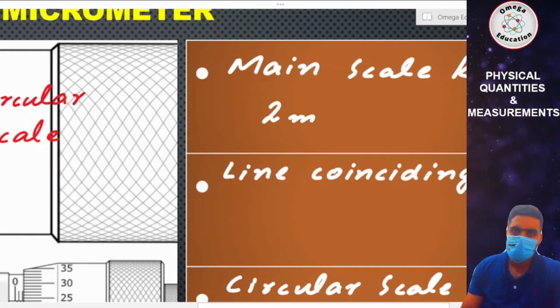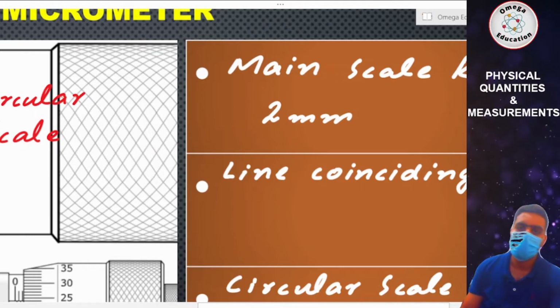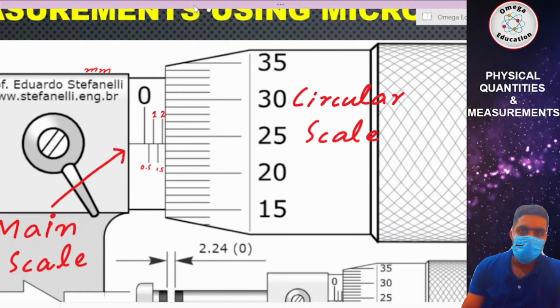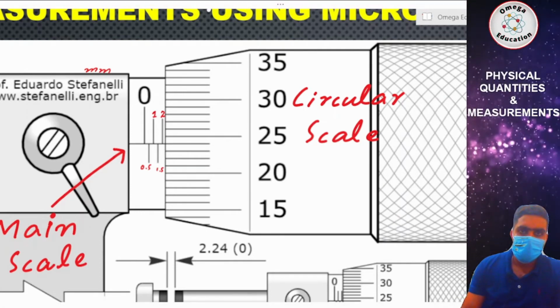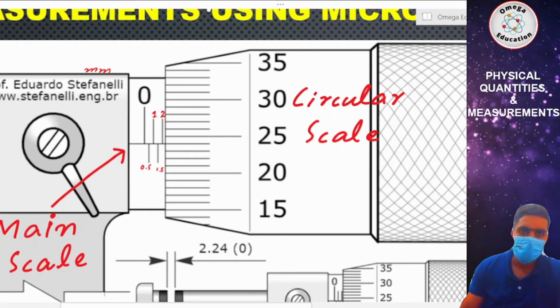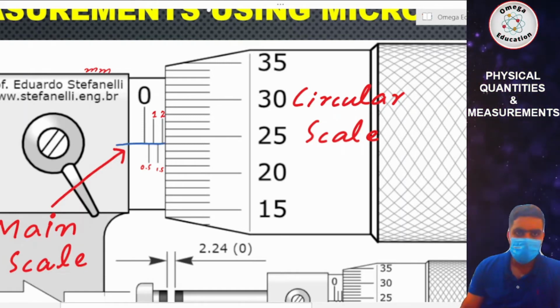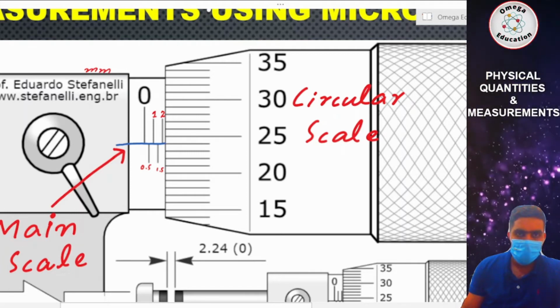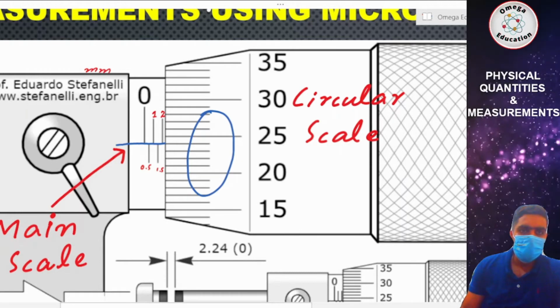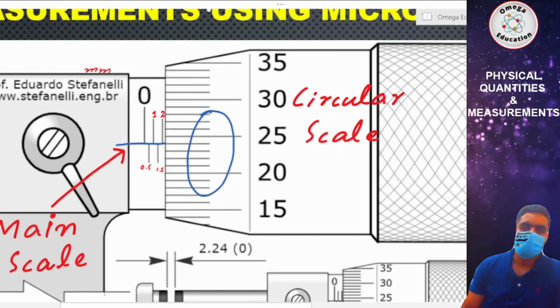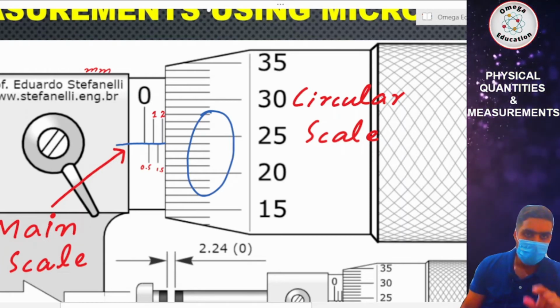After you have gotten the reading, now you need to look for the reading of the circular scale. Before you start that, you need to find this central line. You have to look for the line on the circular scale that is matching with the central line of the main scale. I repeat, the line of the circular scale that is coinciding with the central line of the main scale.